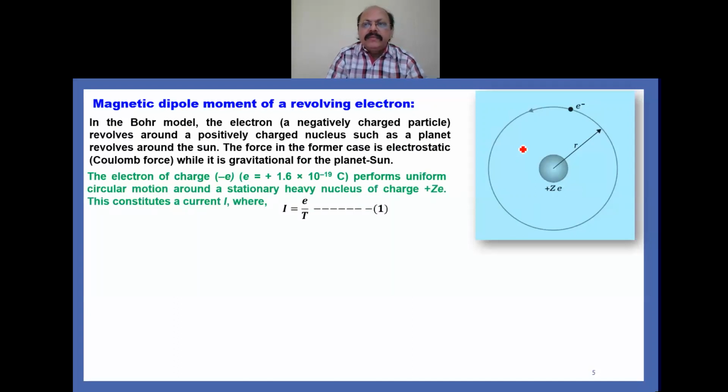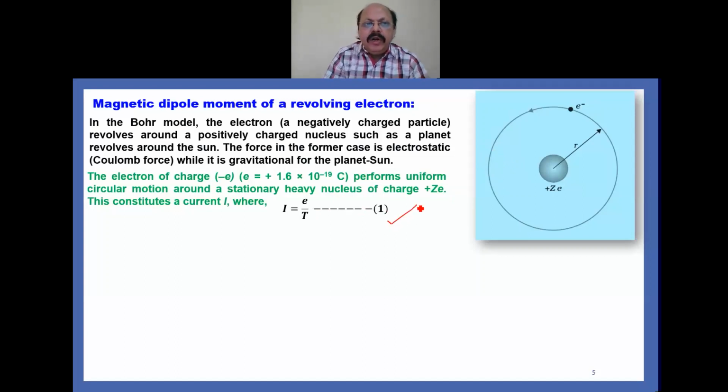So the current is equal to charge upon time. Here the charge is e on the electron and it is completing its motion in its orbit in one time period. So the current is equal to e upon T. Mark this equation number 1. Then find out the time period.